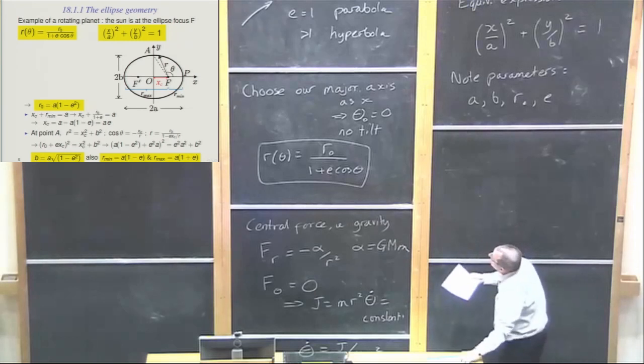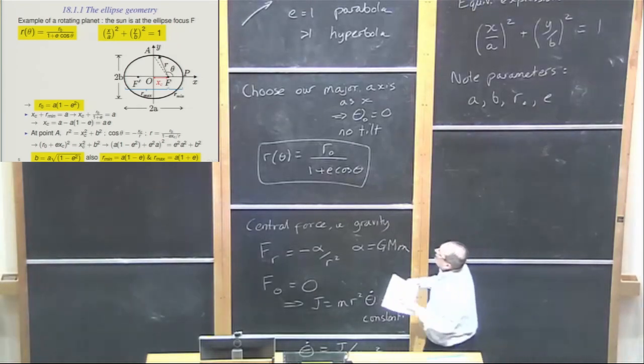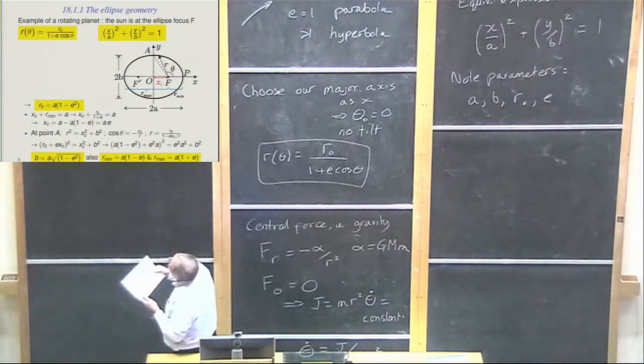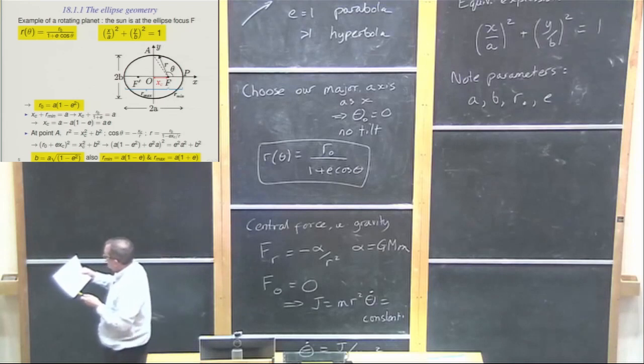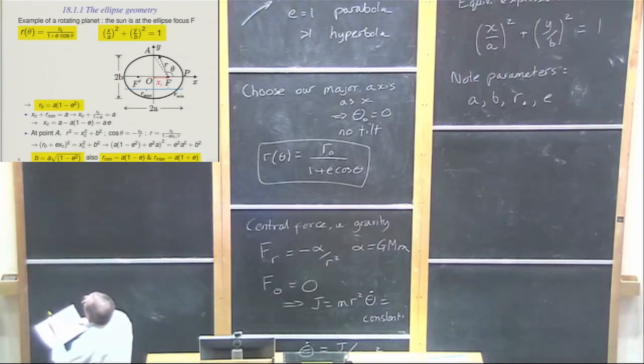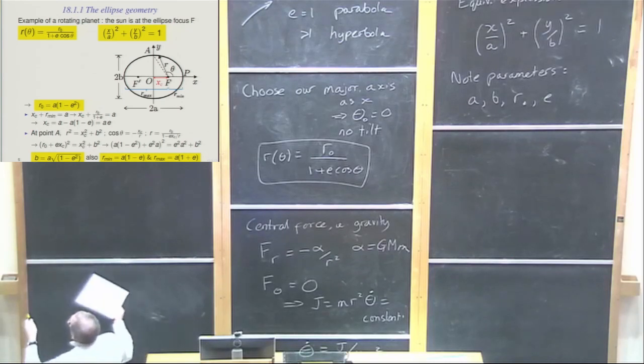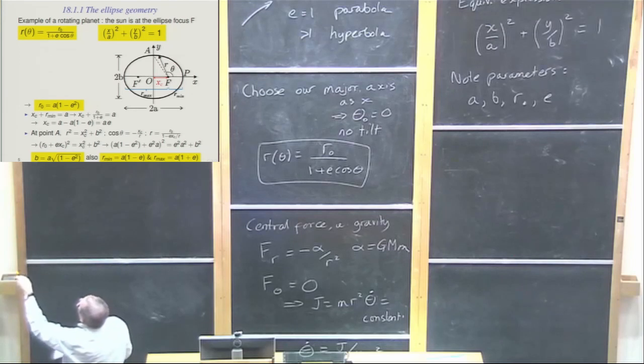Firstly, an ellipse clearly has a closest point and a furthest. There's a closest point to the focus. So let's interpret what's going on here. The ellipse has two foci, focus 1 and focus 2, and the solution we have corresponds to a radial force situated at one of these foci.